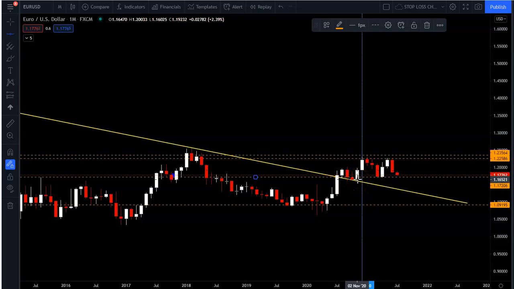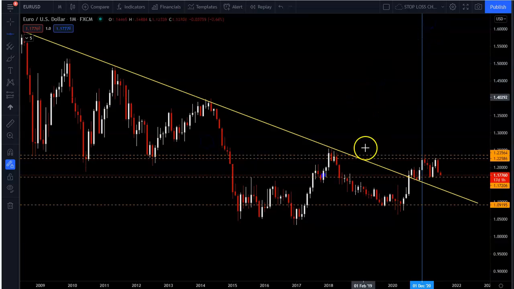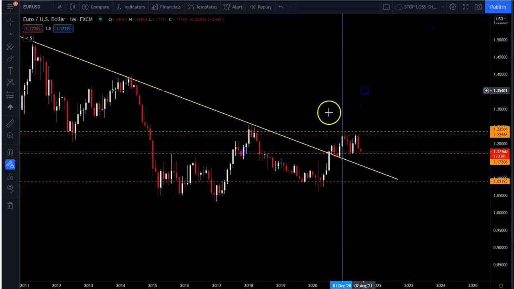Pulling everything together, we have that lower low here, and then it trended upward, and when it did move down, it's a higher low here.